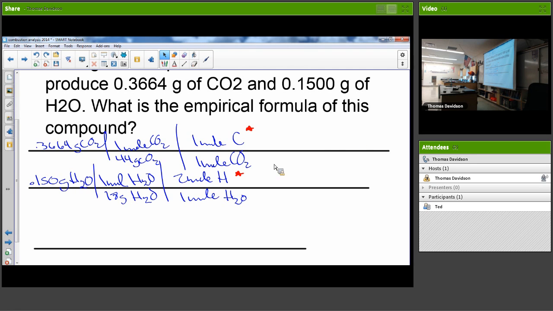Anyone have these answers yet? What was our moles of C equal to? 0.008. People agree with that? Okay. And what's our moles of H? 0.017?